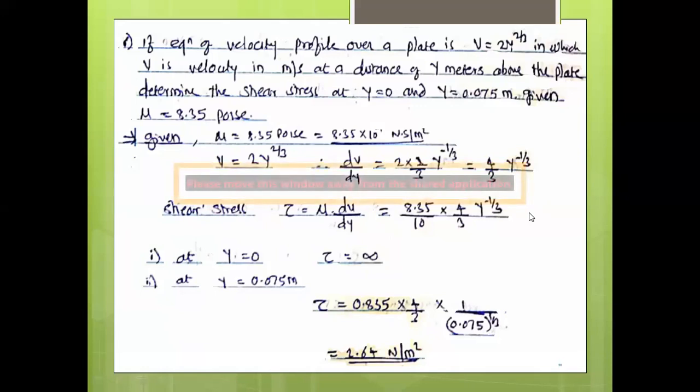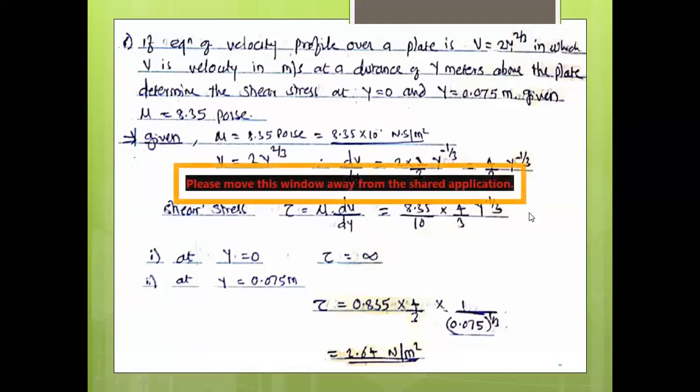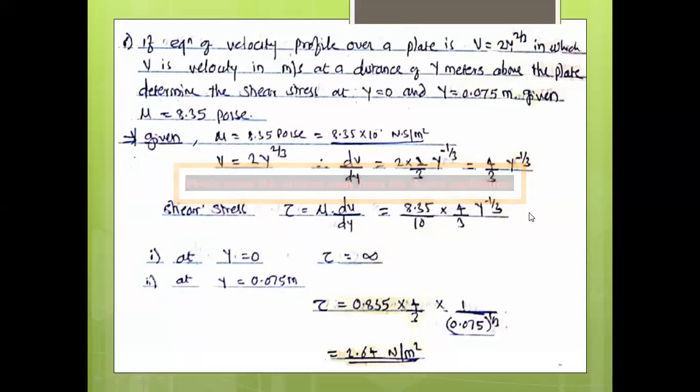Determine the shear stress at y equal to 0 and y equal to 0.075 meter. Given mu is equal to 8.35 poise.